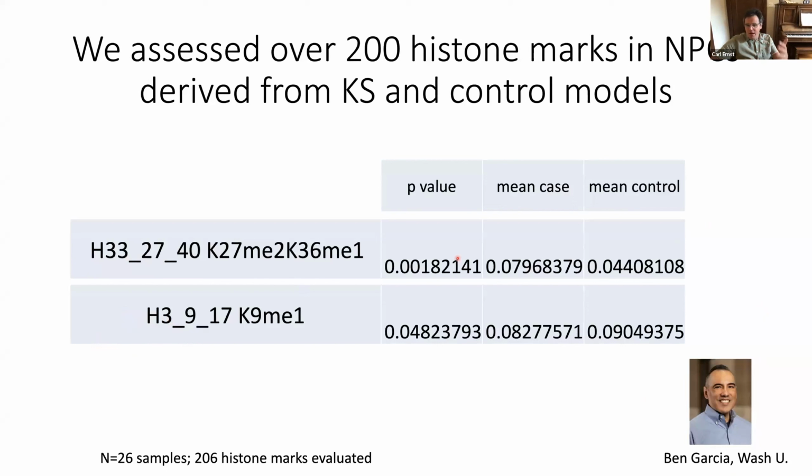This was the top level, and it's barely significant. I know it looks very strong, but this is an uncorrected p-value, just a straight p-value. There is an increase in it in Kleefstra syndrome, so it's unclear how to interpret that. It's a particular mark many people are probably not able to study. There are no antibodies to this. I don't know how to interpret that, and I wouldn't say that it's necessarily true.